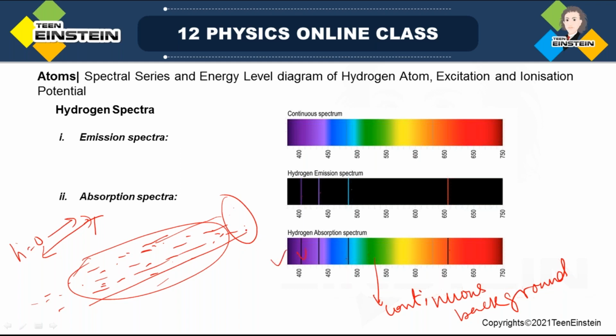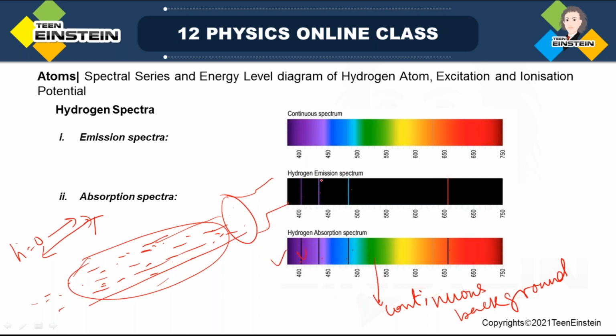In the absorption spectra, we pass a light through a rarefied gas, then we analyze the light which is passing through the gas using a spectroscope, and then we get to see these black lines in the continuous background.